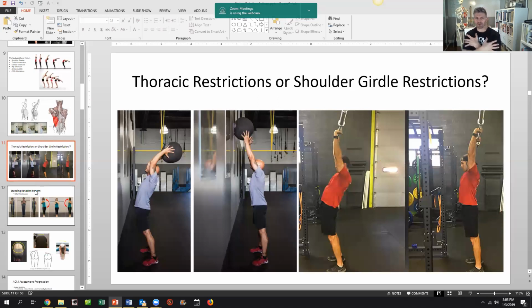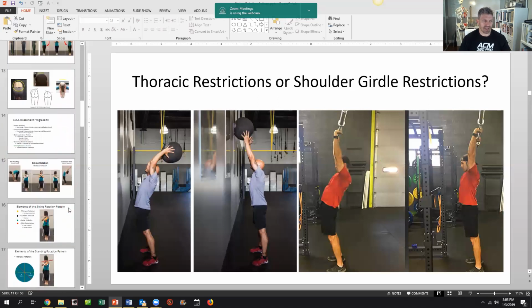But when we're doing sitting rotation and you don't see a restriction in thoracic rotation, and you saw good extension in the thoracic back, you didn't see a lot of kyphosis, then I'm starting to think there's really not a lot of contribution to thoracic tightness. This isn't a problem. It's probably in the shoulder girdle, meaning the lat contribution, the capsule of the shoulder, the actual rotator cuff, pec, teres major, etc.